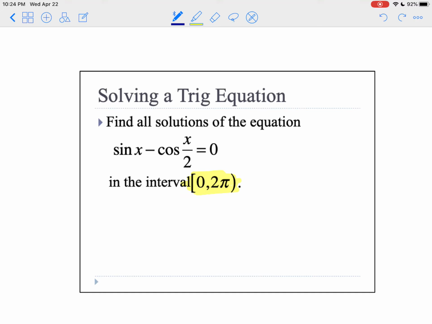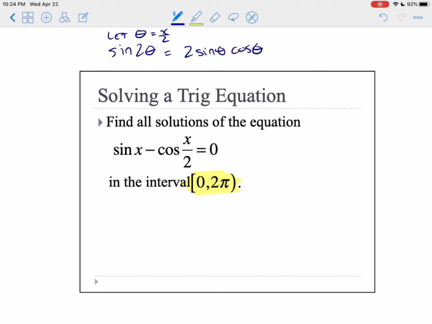So instead, I'm going to think of sine of 2 theta, where we let theta equal x over 2, is equal to 2 sine theta cosine theta.